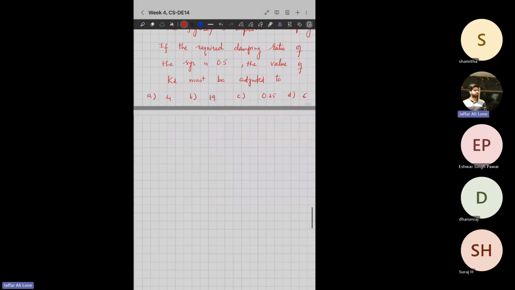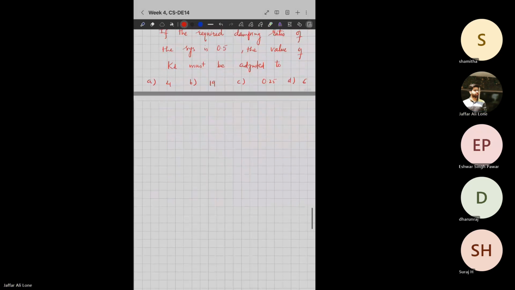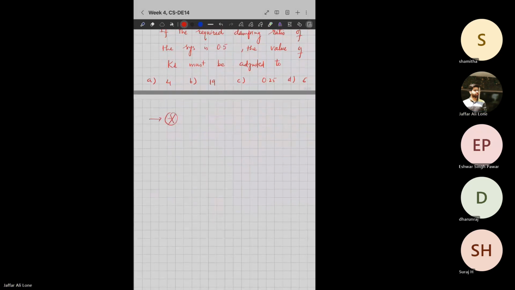Now see the diagram and try to understand the question.